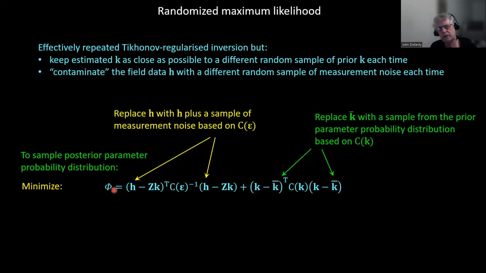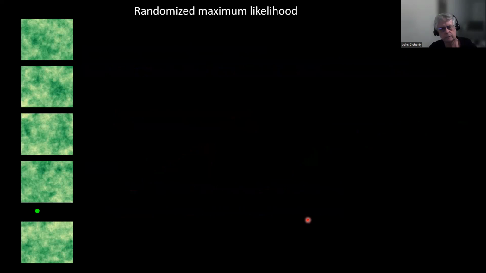So sequentially, I obtain many different samples of the posterior parameter probability distribution. Now, this is hard work. It's hard work because, as we just said, this is an iterative procedure to minimize this objective function. And then it's got to be repeated again to obtain every different sequential realization of the posterior parameter set.